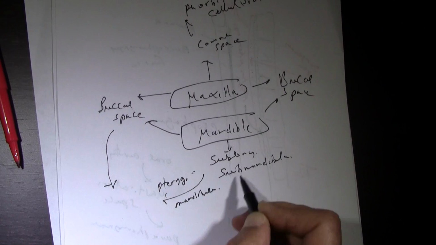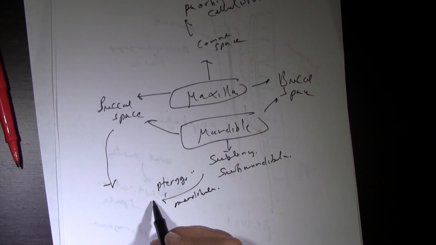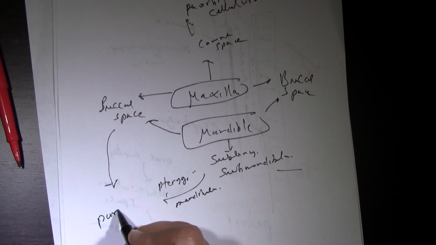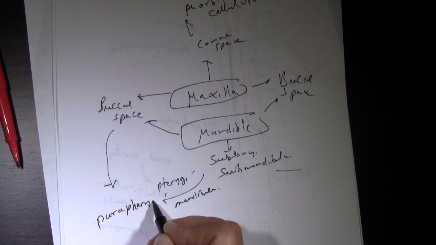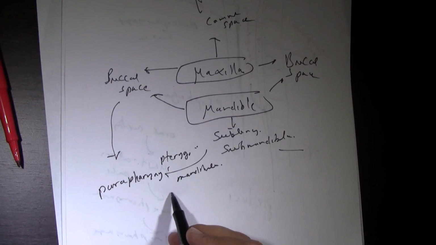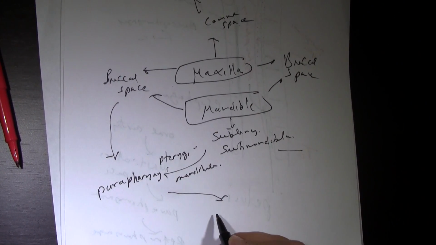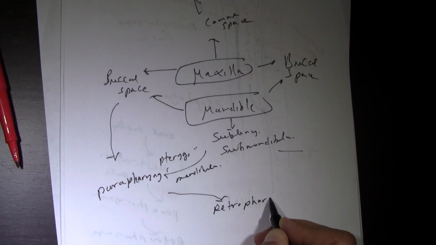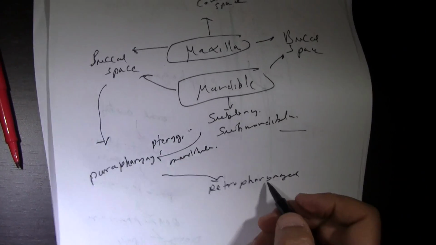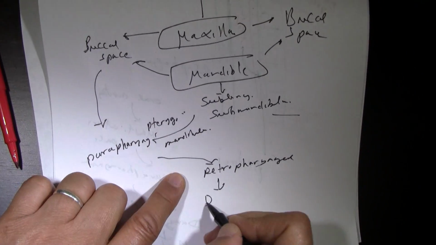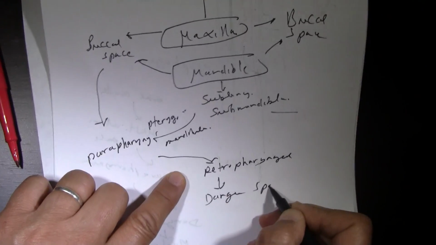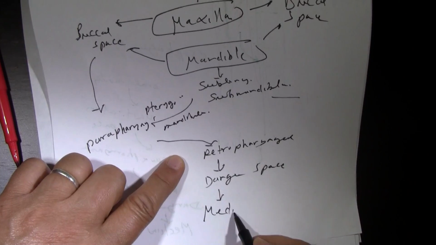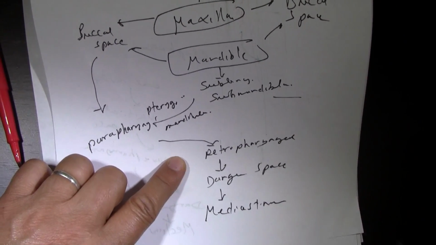Pterygomandibular can receive infection from submandibular and sublingual, then go laterally to the parapharyngeal. And once it comes to the parapharyngeal, it can spread down or behind to retropharyngeal, and from retropharyngeal space it can go to danger space and down to mediastinum. Okay?